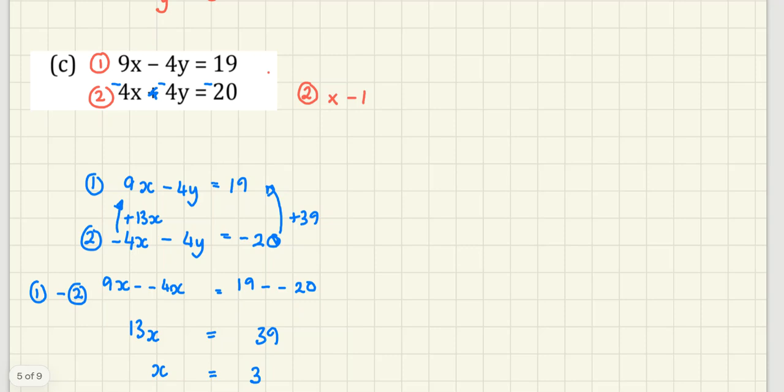Okay. How do I find what y is? Put it in the 9 bracket. So use x equals 3 in number 1. Okay. So 9 times 3 minus 4y's should equal 19.